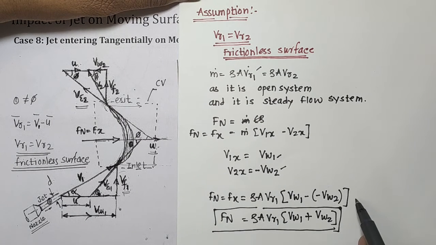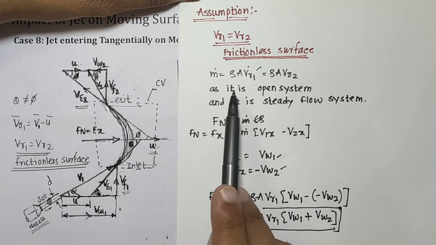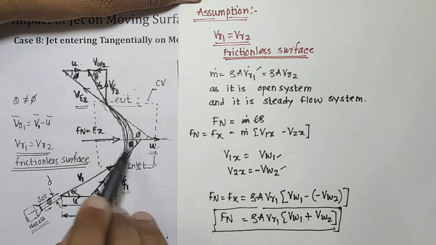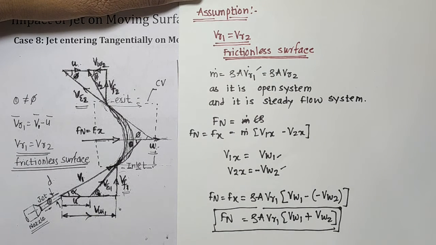We know that mass flow rate is rho a Vr1, and we have put that value in this equation as the mass flow rate, with Vw1 this one, Vw2 this one, and this minus sign. We are getting this particular equation of normal force, the force exerted in x direction.